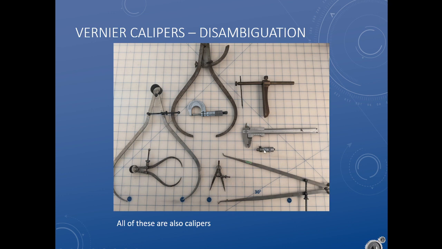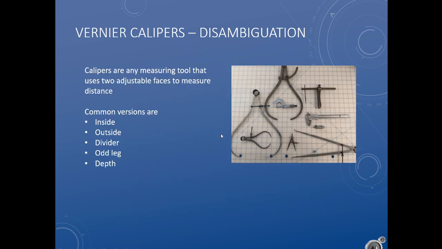This is also an outside caliper. So is this thing. We'll talk more about these later. They're called micrometers. But these are all calipers. Odd leg calipers are things like this, where one leg is longer than the other. This we press against one face, and the other one we slide along until it meets another point. So these are all calipers.